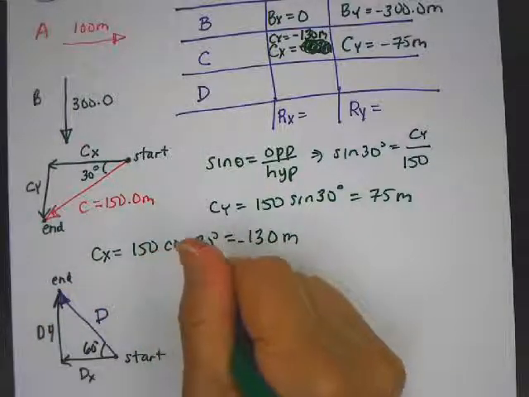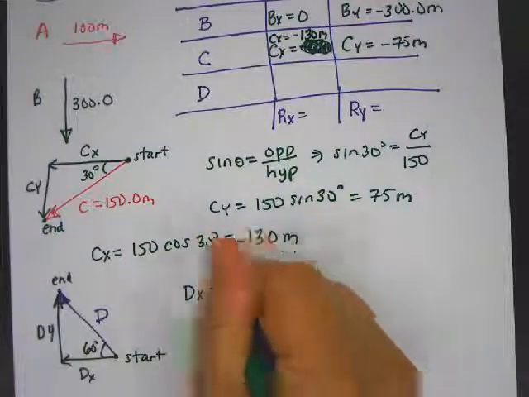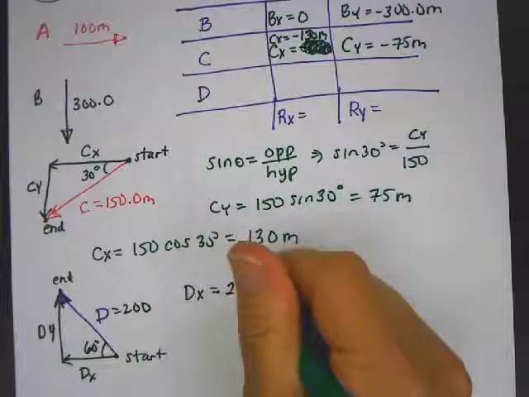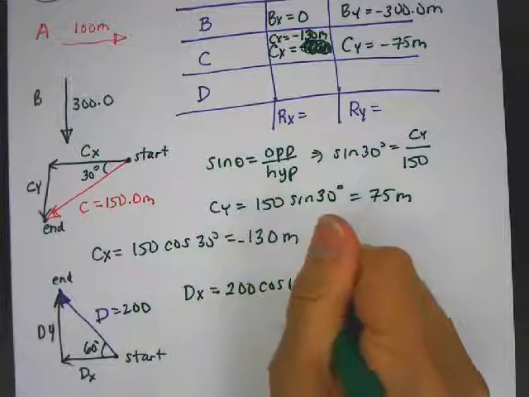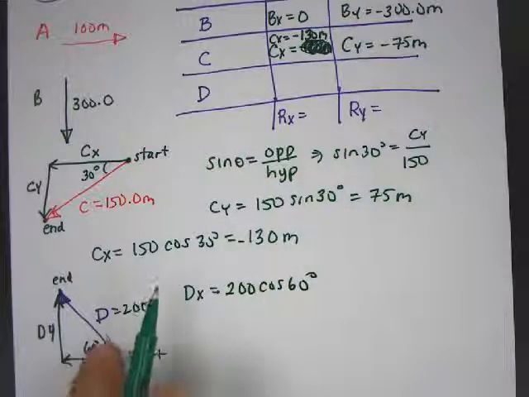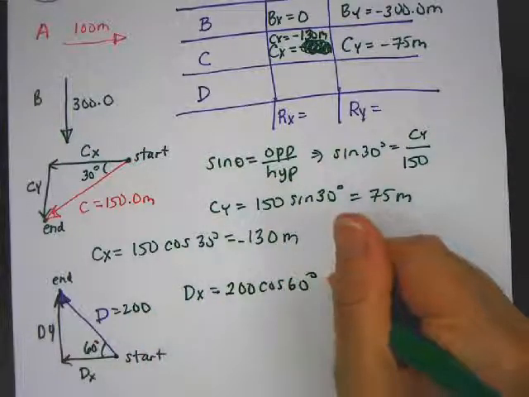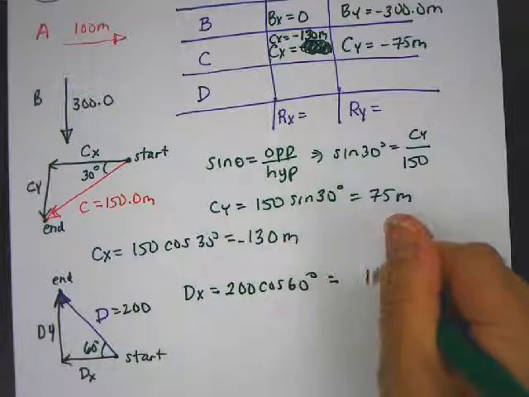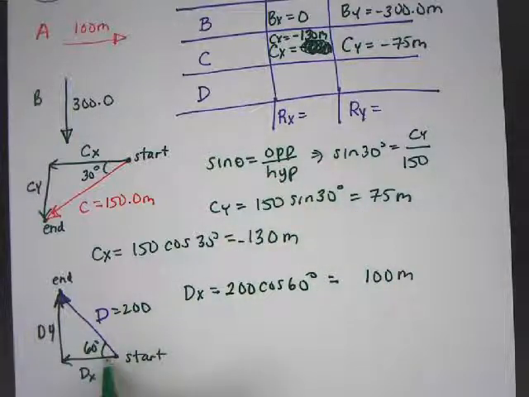So dx is equal to 200, because this is 200, times the cosine of 60 degrees, and it's cosine because it's adjacent to the given angle, and that comes out to be 100 meters. But because dx goes to the left, this is going to be negative.